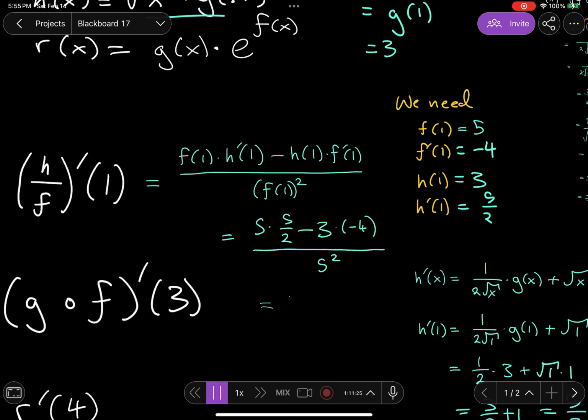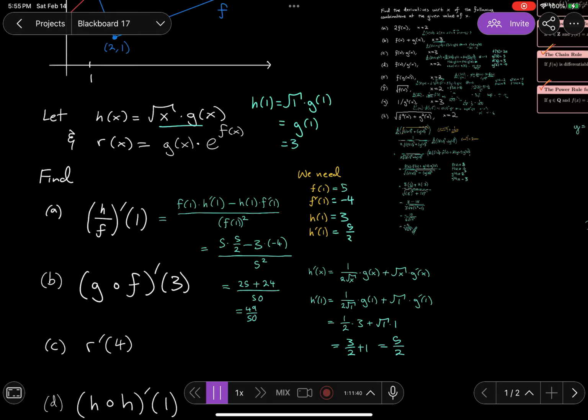Simplifying, that's 25 plus 24, all divided by 50, and that's the same thing as 49 over 50. Almost pretty. I think it's still pretty.